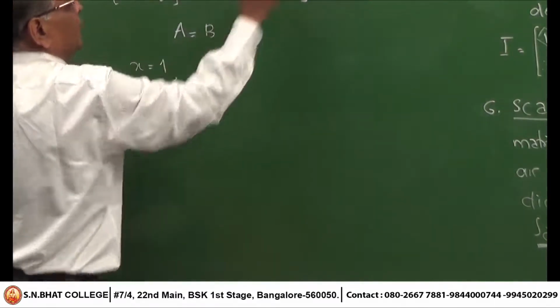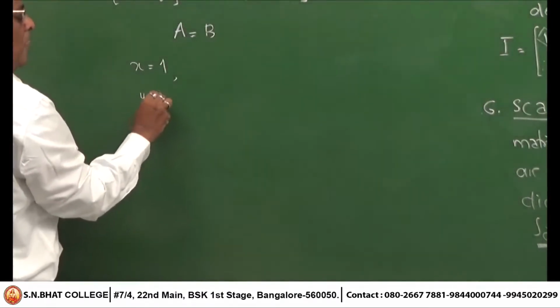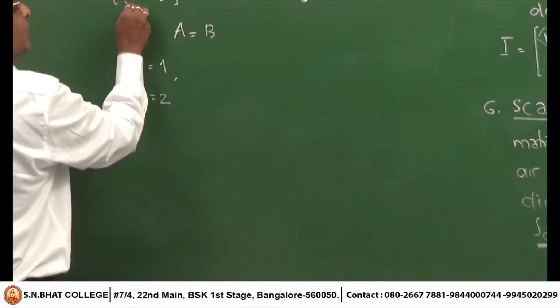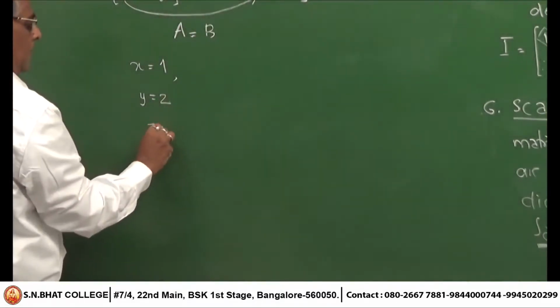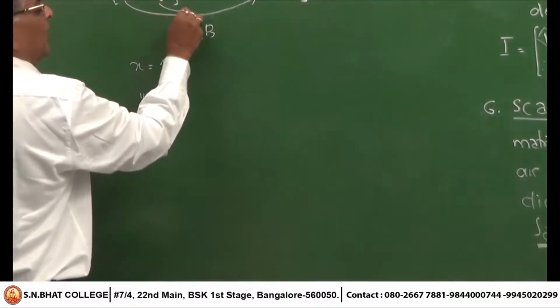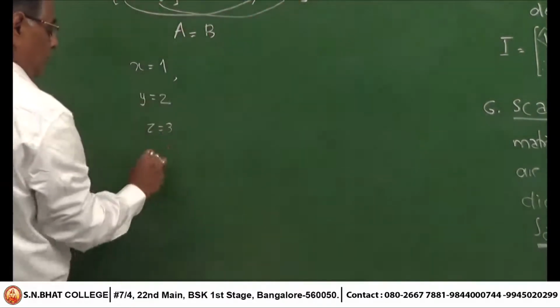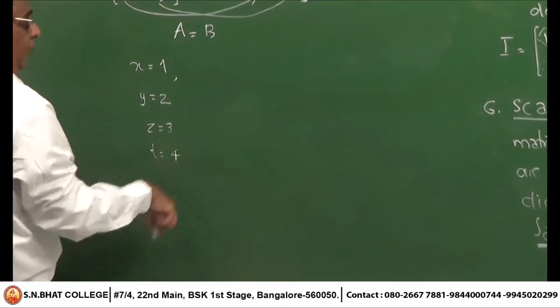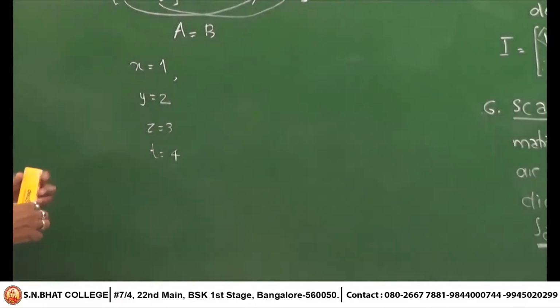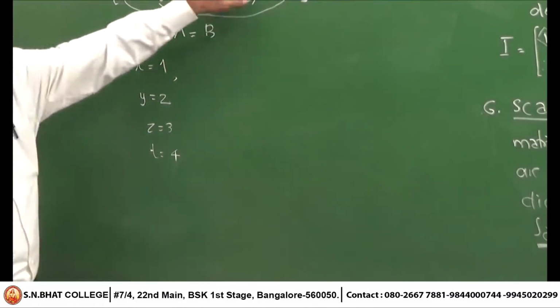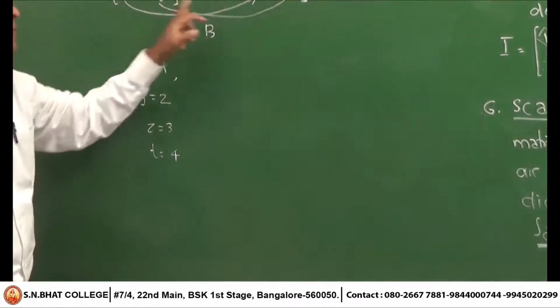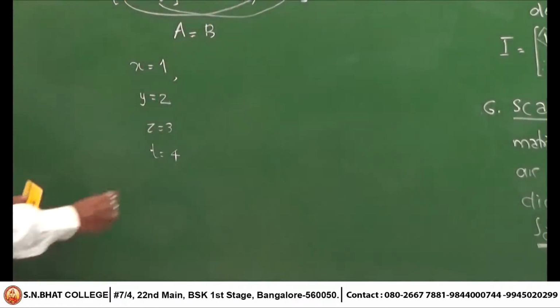The corresponding element for Y is 2, for Z is 3, and for T is 4. Therefore X is 1, Y is 2, Z is 3, T is 4. That means two matrices A and B are said to be equal if their corresponding elements are equal. This is the answer.